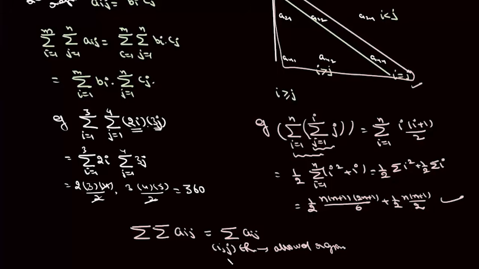So if the indices are independent, then this region R will be a rectangular grid, and if they are dependent, then it will be the lattice points inside a triangle. So whenever you are solving a double summation, do not see sigma first, see the region. Once you can identify the region, then the problem becomes simple.